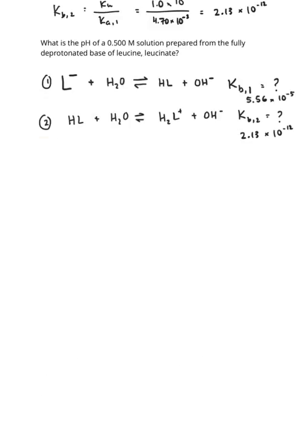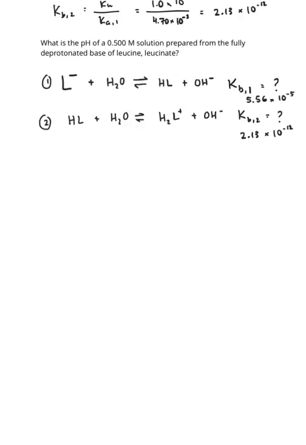So, similarly to our previous attempt at solving the pH of a solution of the fully protonated form of our amino acid, the fully deprotonated form has a significantly larger Kb1 than Kb2. This suggests that the production of hydroxide ion from reaction 1, Kb1, will dominate the pH in the solution.